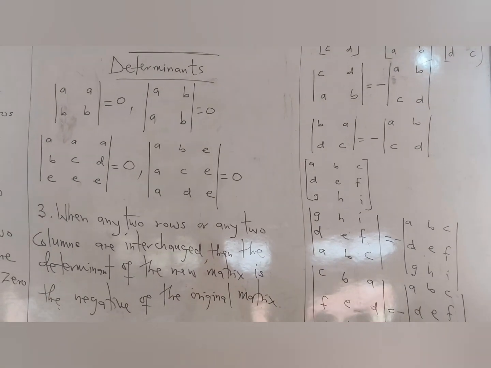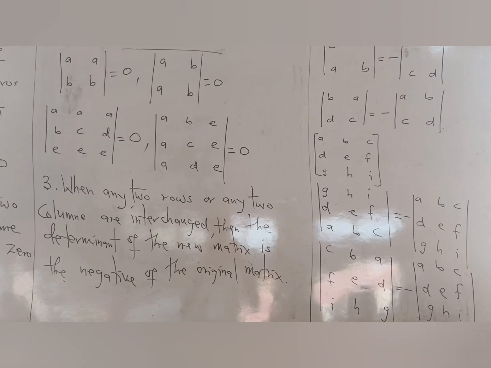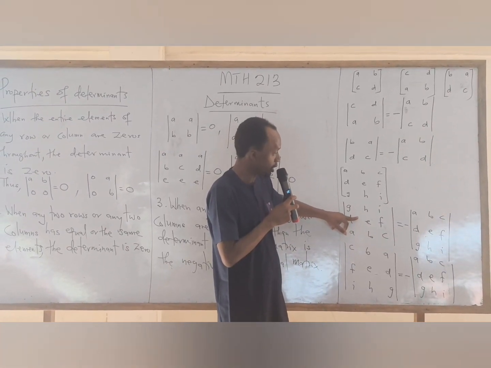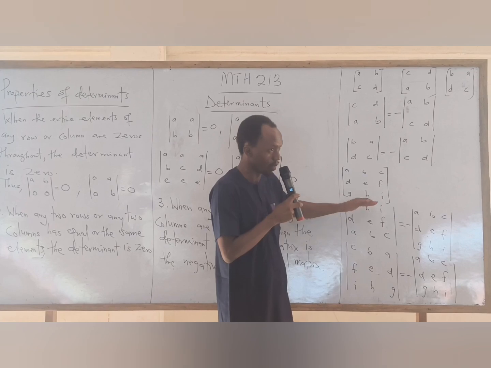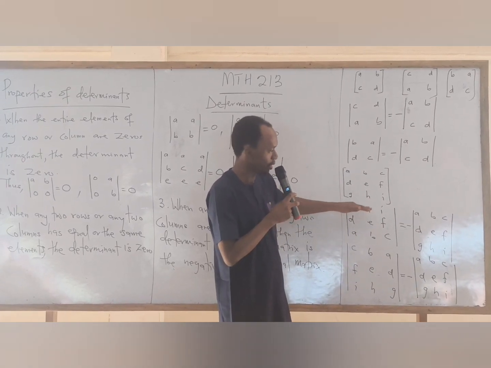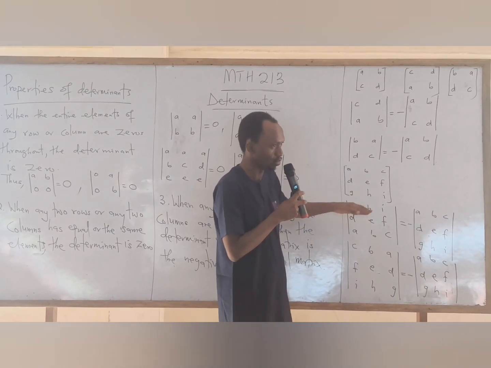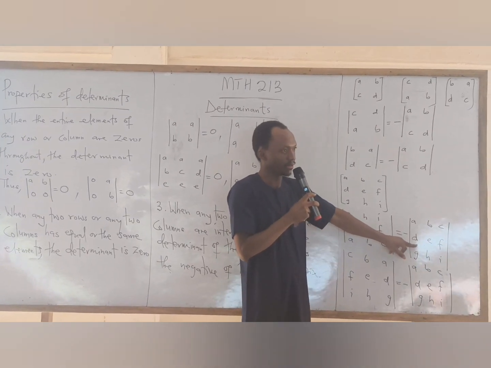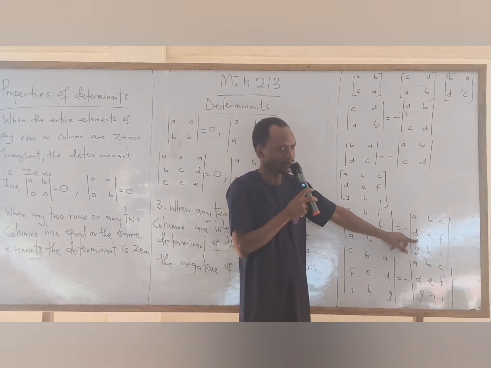So copy quickly. Once they ask you to find the determinant of a similar matrix, and you observe that something has just been swapped, something has just been interchanged, you don't need to waste time to solve it again. So just negate the answer you already found for the original. Are you all here? That's the meaning.